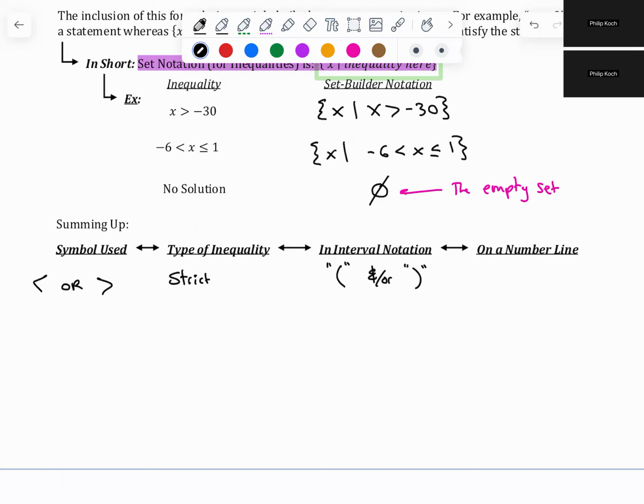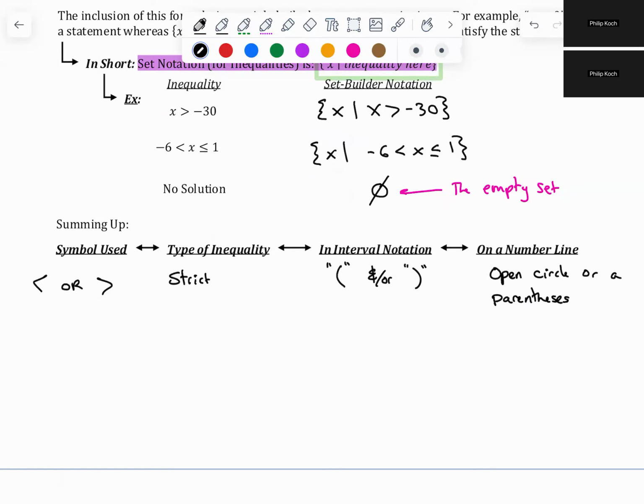And then on a number line, it's an open circle or a parenthesis. I like using the parentheses, and that's the way I'm going to do it. But just so that you know it for the notes or for the homework, they'll require you to do an open circle. If you're working on the quiz, you can use your notes, like you can use this section to remind yourself if you're struggling to memorize that.